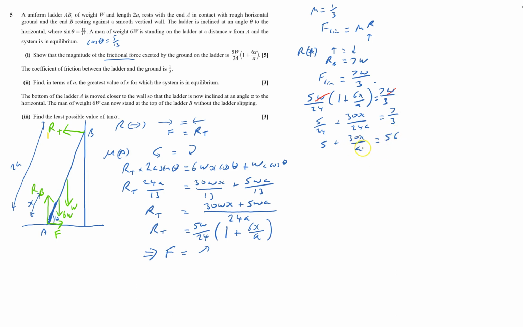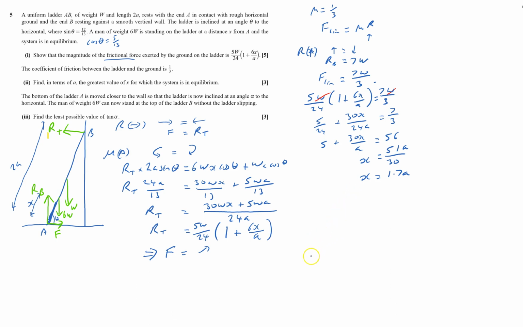Subtract 5 is 51. And I want to know what x equals, so x equals 51 over 30, times both sides by A, and that works out to be exactly 1.7A.